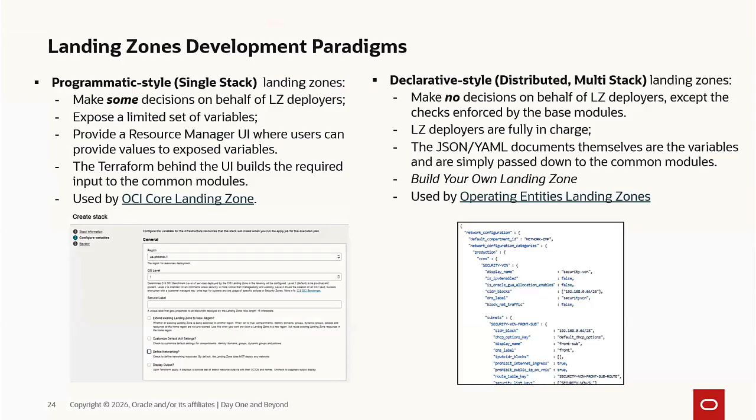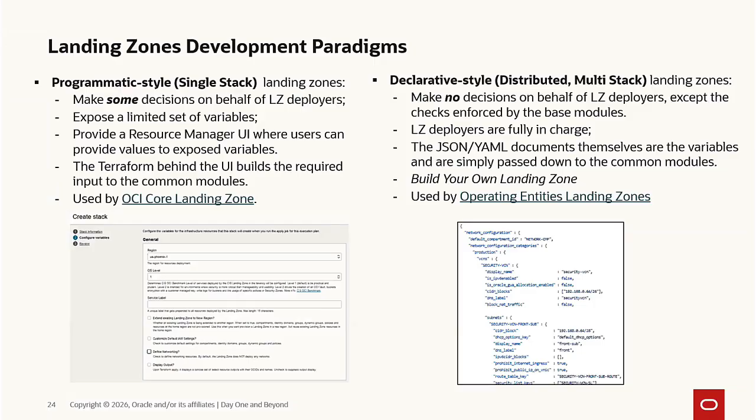All right, the core landing zone provides all that, right? All that we saw in these diagrams very quickly after just filling some input variables and going through the typical Terraform plan apply workflow. And the core landing zone follows what we call a single stack model or programmatic style.